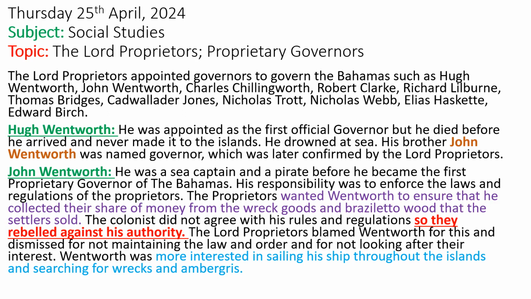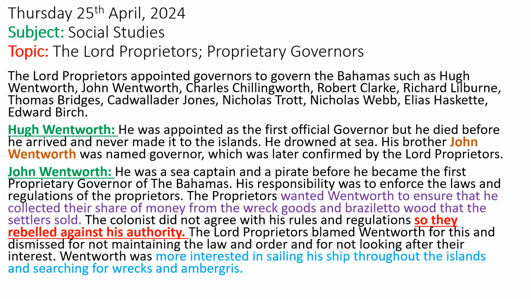Okay. John Wentworth, he was a sea captain and a pirate before he became the first proprietary governor of the Bahamas. His responsibility was to enforce the laws and regulations of the proprietors. The proprietors wanted Wentworth to ensure that he collected their share of money from the wrecked goods and Brazilletto wood that the settlers sold.